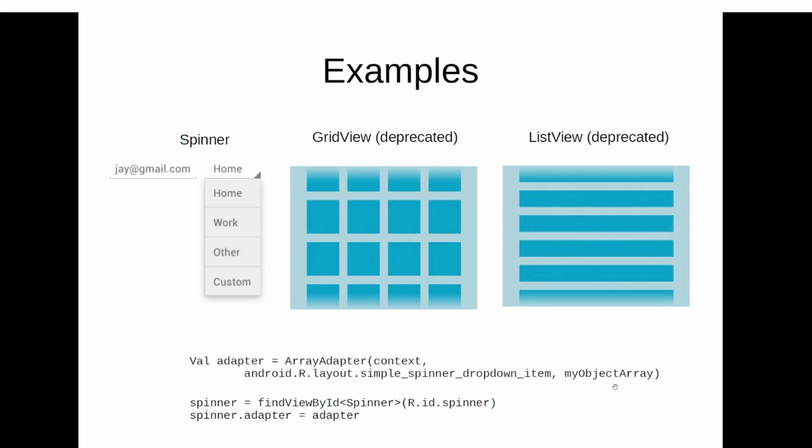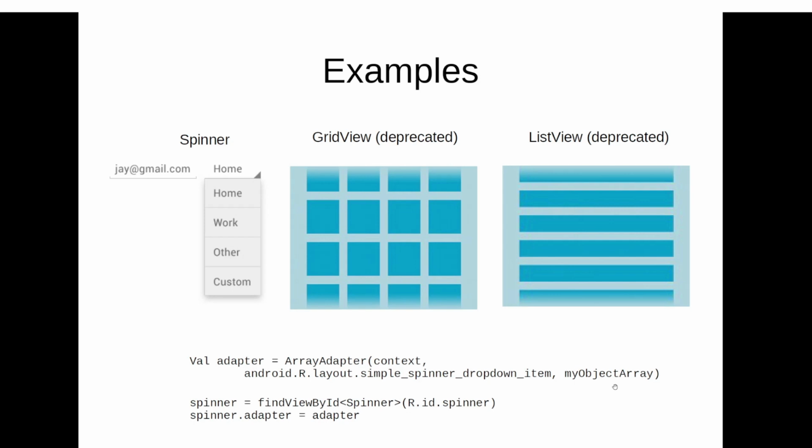Oftentimes, developers would ignore that recommendation. As a result, and because of the negative impact of ignoring those recommendations, Google deprecated these two view types and introduced another view called a recycler view, which requires view recycling, by way of introducing something called the handler pattern. So we'll get a video about recycler view later on. I just want to make it clear why the grid view and list view are no longer in use.